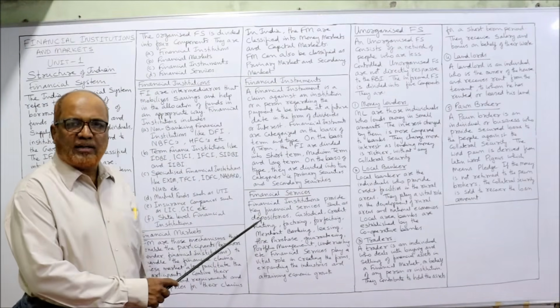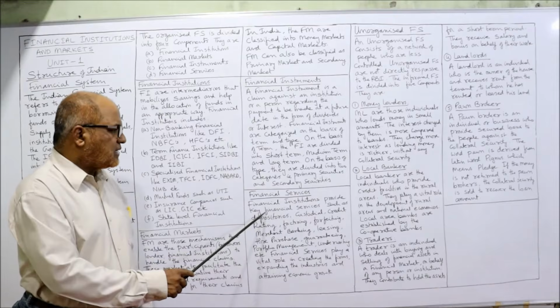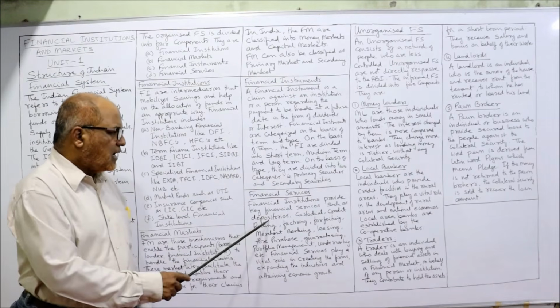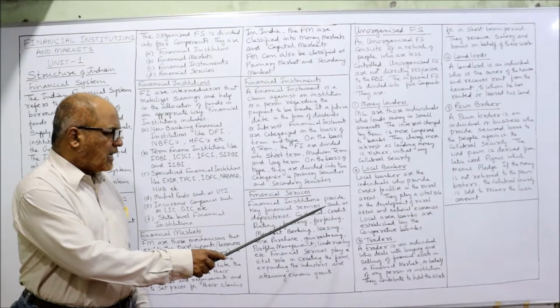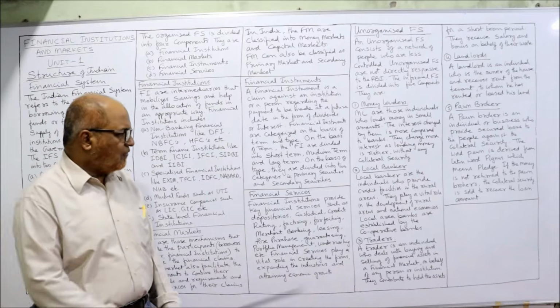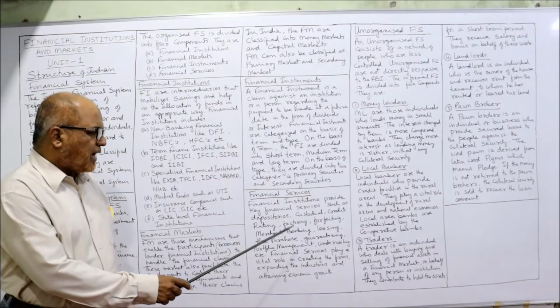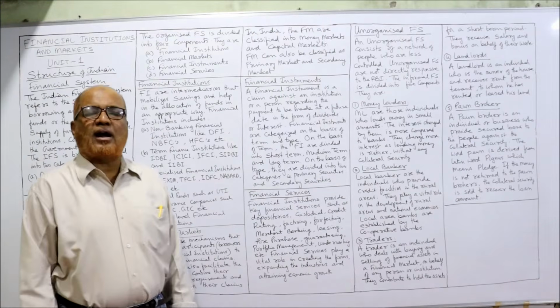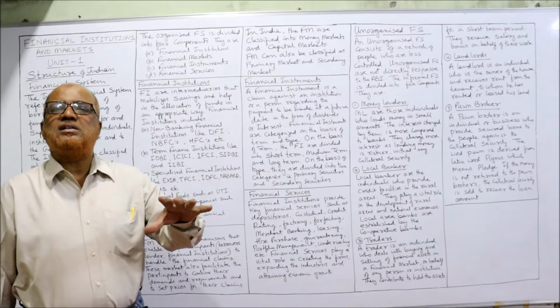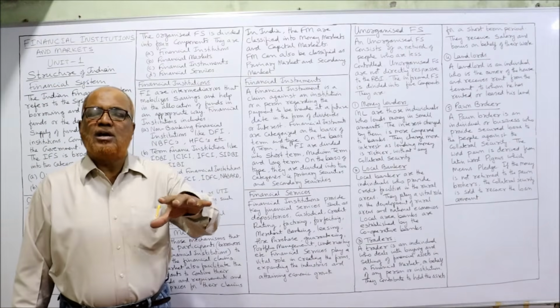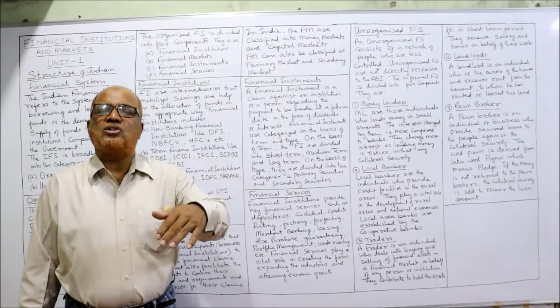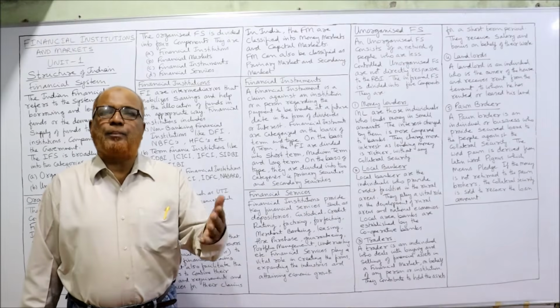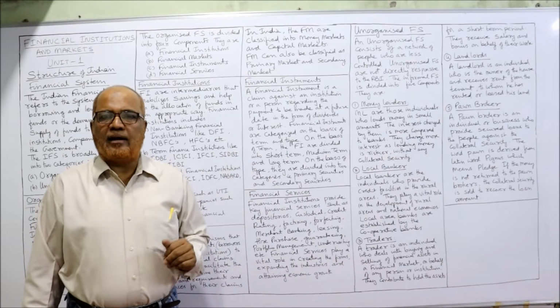Financial institutions provide key financial services such as depositories, custodial, credit rating, factoring, forfeiting, merchant banking, leasing, hire purchase, guaranteeing, portfolio management, underwriting. All these are the financial services normally provided by financial institutions to help the borrower and lender.